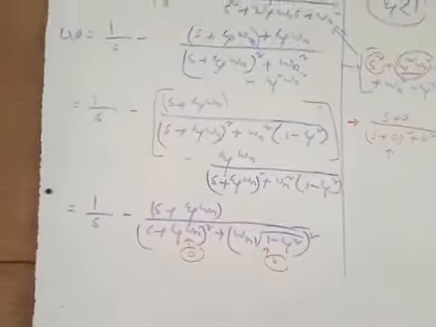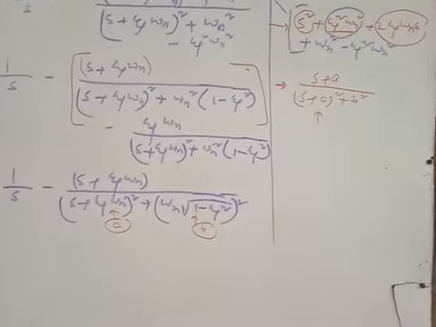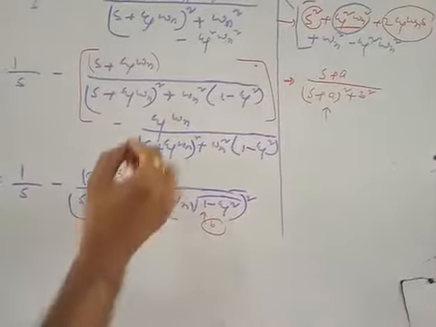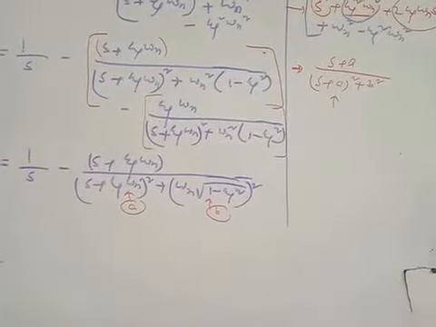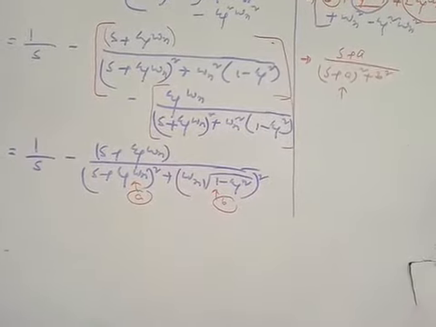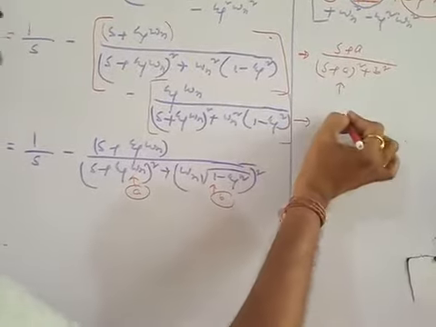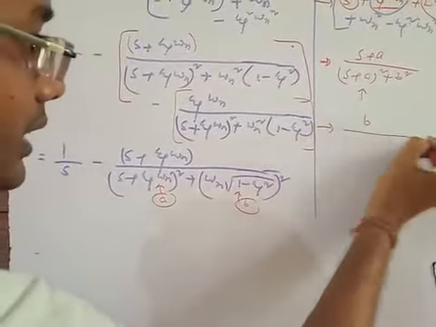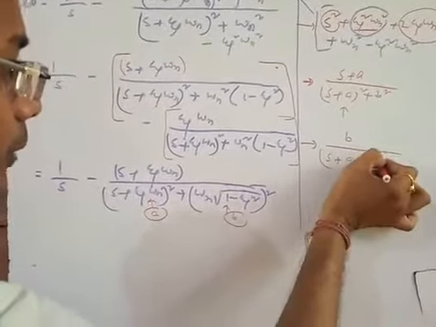If that is the case, then what about the second part? This part we again have to express in terms of some standard form, right? So what is your standard form? Another standard form is b by s plus a whole square plus b square.